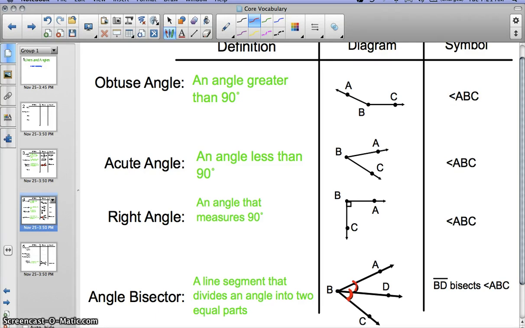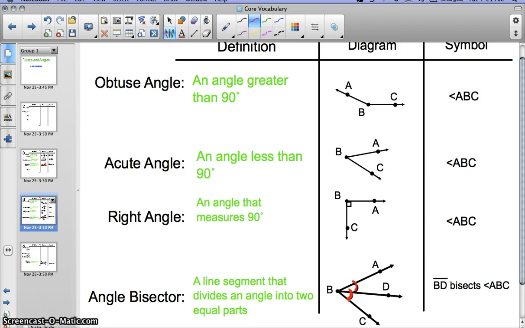Pretty straightforward stuff, nothing too surprising. Obtuse, acute, and right, you should have all heard those before. Angle bisector, it's not a hard concept, it's something that cuts an angle into 2 equal pieces. Right? Oh, and as far as the symbol goes, BD bisects angle ABC.